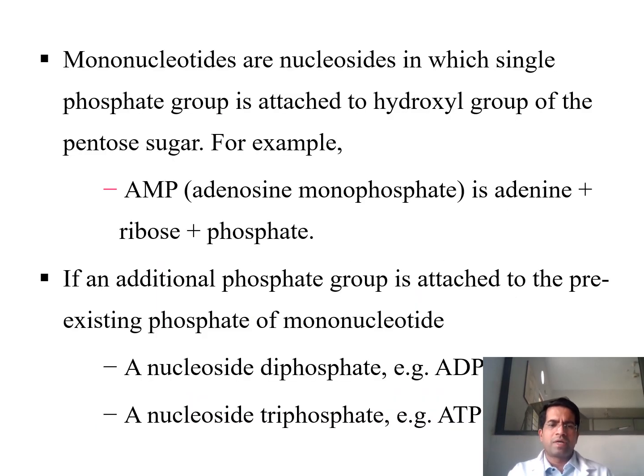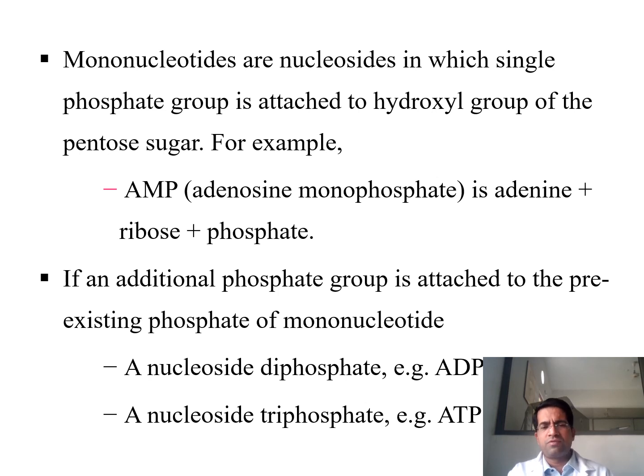So mononucleotide means only one phosphate group is there. Mononucleotides are nucleosides in which a single phosphate group is attached to the OH group of the pentose sugar. See the example, adenosine monophosphate. That means it contains the nitrogenous base adenine, the pentose sugar ribose, and phosphate.